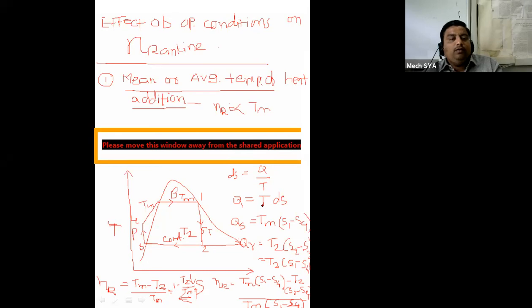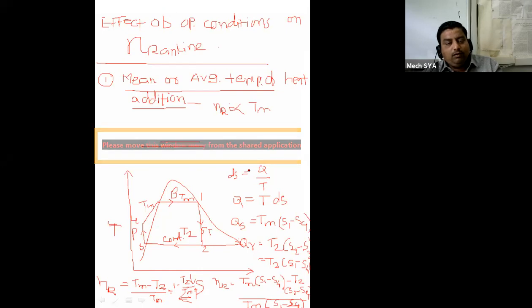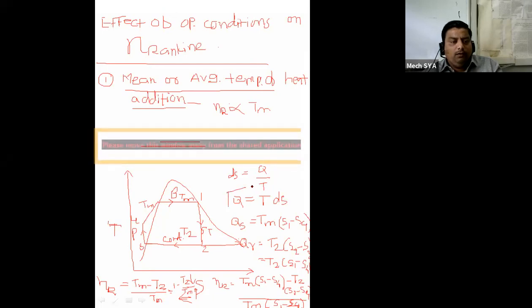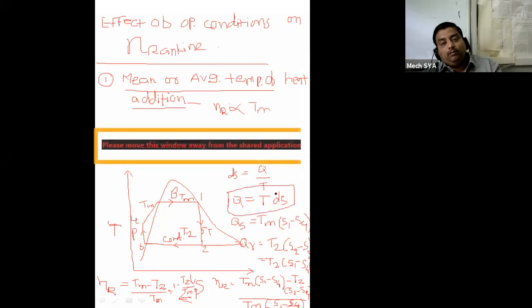During an isothermal process, we know that ds is equal to the integration of dq by T, as the temperature remains constant. The integration of dq becomes Q, and the temperature remains in the denominator, so ds is equal to Q by T, and therefore Q is equal to T ds. For any isothermal process, heat supplied or heat rejected can be calculated by the formula: the temperature at which that heat interaction occurs, into the entropy change during that process.